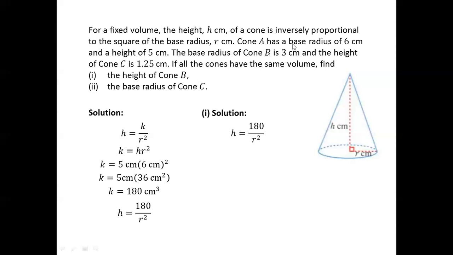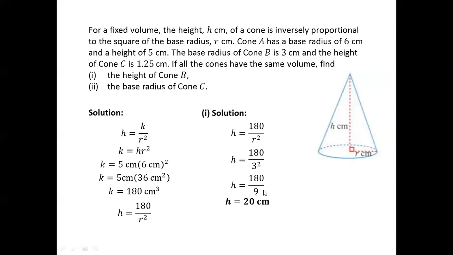And since we're given 3 centimeters as the radius, we can substitute 3 for R, giving us 180 over 3 squared. 3 squared is equal to 9. 180 divided by 9 is equal to 20. And don't forget the unit, centimeters. So for cone B, the height will be 20 centimeters.